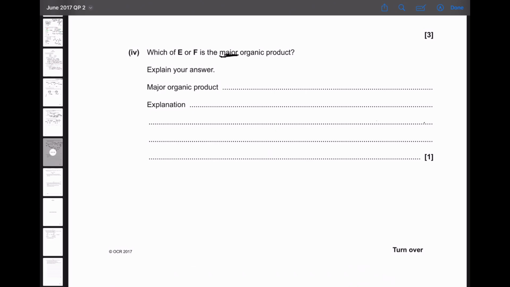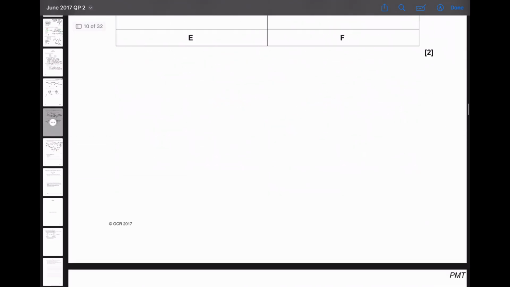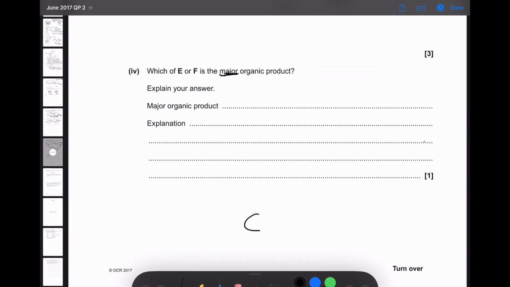So if we go back and find our molecule, which is CH3, CH3, C, C, that's an H, that's an H2CH3.